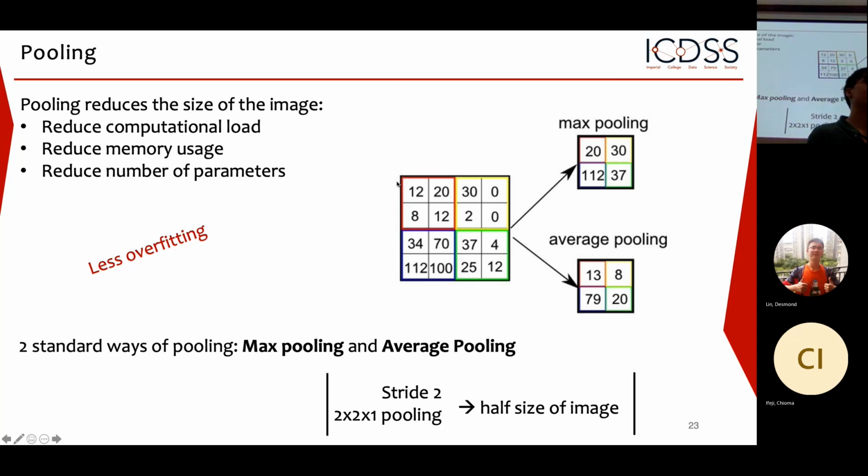So let's say that this is one image that we have. There are two main ways of doing it. One is max pooling. From each of these four squares that you can see, we take the maximum value. Another approach is average pooling.